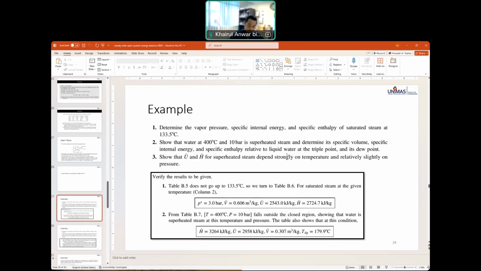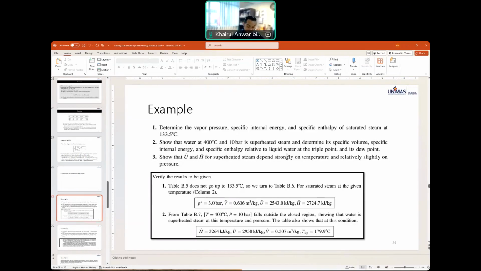Since it's not available in table B5, don't do extrapolation. You can refer to table B6. So in table B6, you refer to the second column for the temperature. 133.5 is 3 bar. This is for the steam.